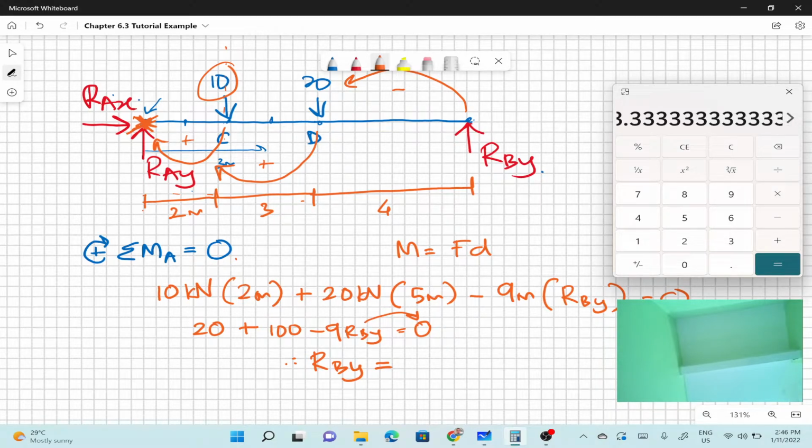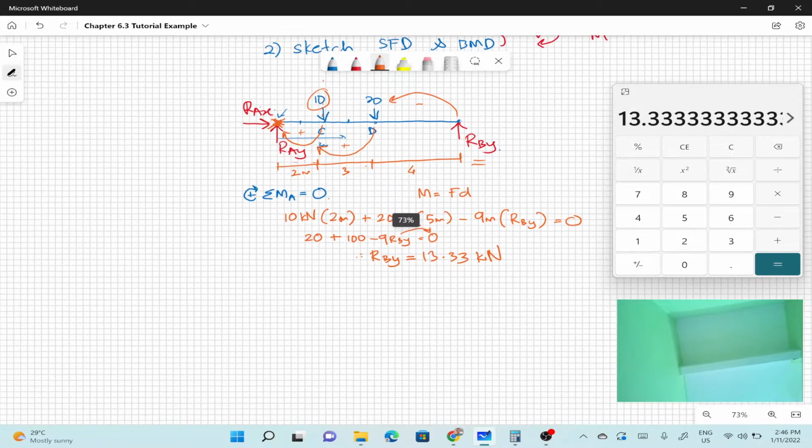So we're going to have 13.33, to 2 decimal places. Kilonewton. Remember kilonewton because this is the support reaction as a force. So I'm just going to quickly change the unit. Now we have RBY equals 13.33 kilonewton.